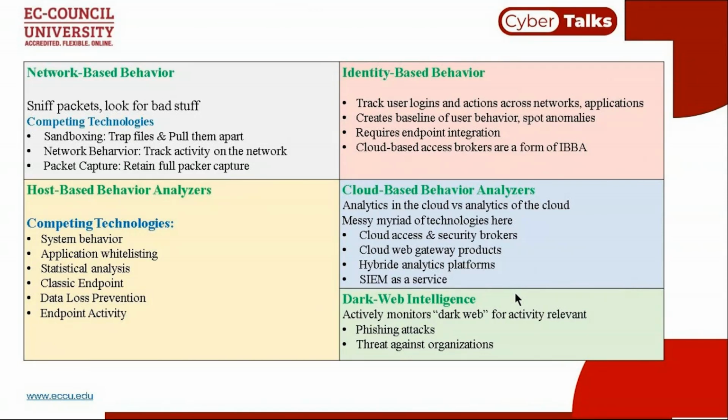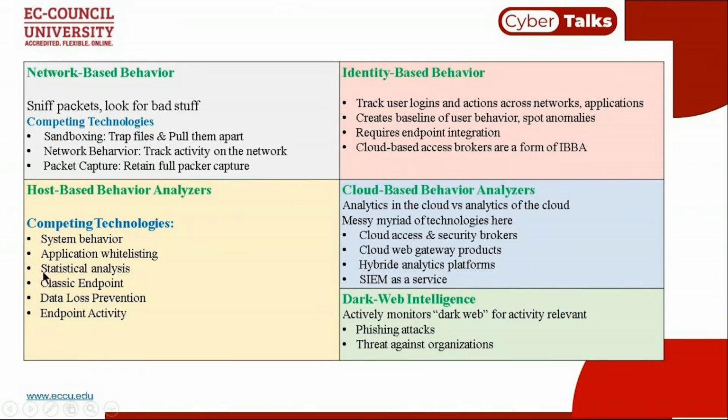Network-based behavior is like sniffing packets, looking for bad stuff. Competing technologies are sandboxing, network behavior, and packet capture. Identity-based behavior is like tracking user logins and actions across networks and applications, creating a baseline of user behavior, and spotting anomalies; it requires endpoint integration. Cloud access brokers are a form of identity-based behavior analytics. Host-based behavior analyzers have competing technologies of system behavior and application whitelisting.